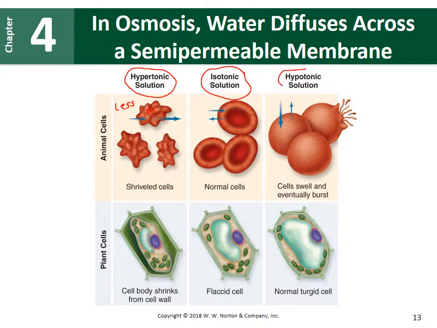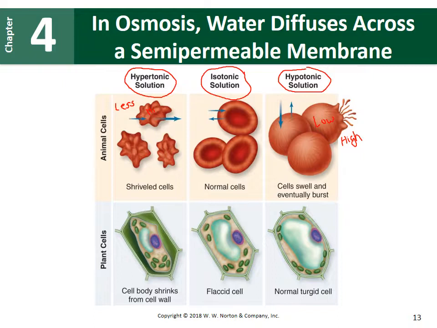In a hypotonic solution, it's the opposite. This means there is high concentration of water outside the cell. There's low concentration of water inside of the cell. Water is going to go from high to low, so it's going to flow into the cells. In animal cells, if too much water flows into the cell will burst open and die.